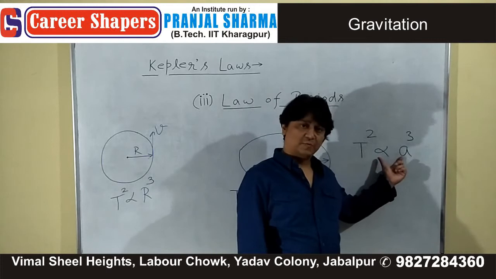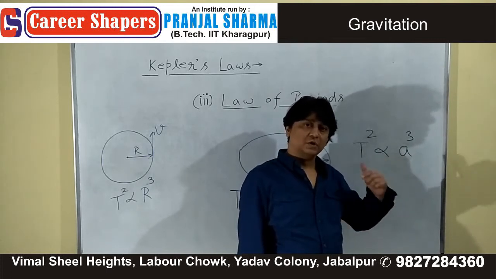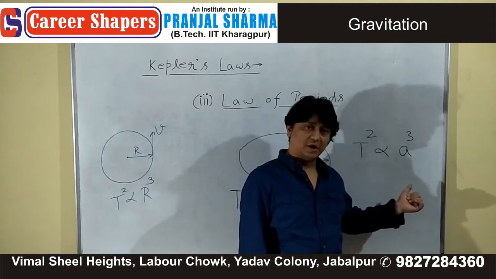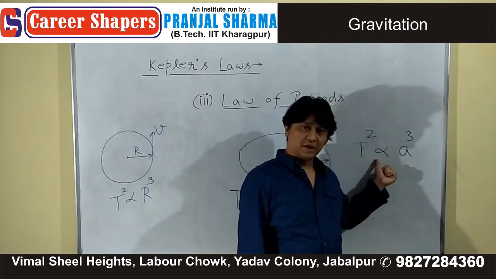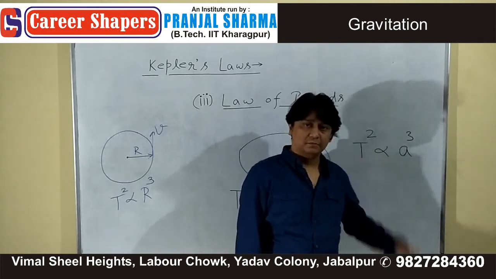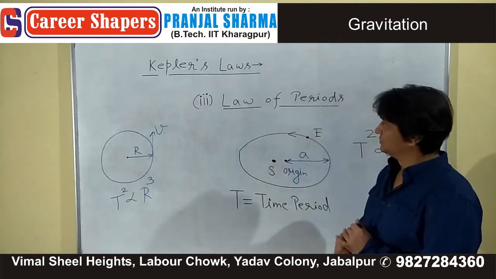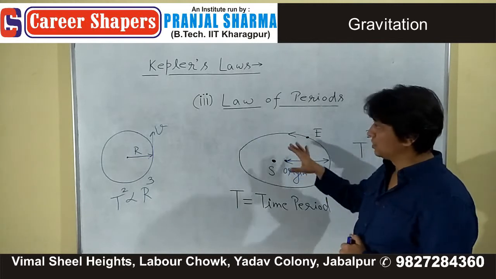Its proof is mathematically difficult. Now, how come it's difficult? We'll solve a simple example in the next part, and that will give you an idea that developing this will take good maths. Note down this, and then we'll solve a few questions on this part.